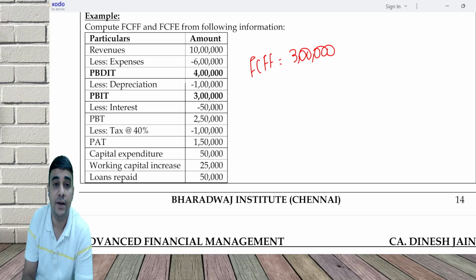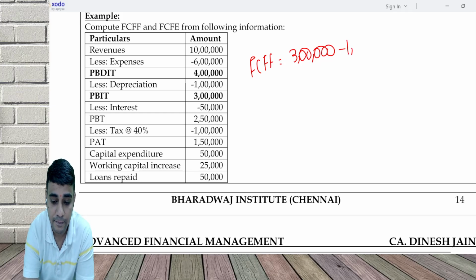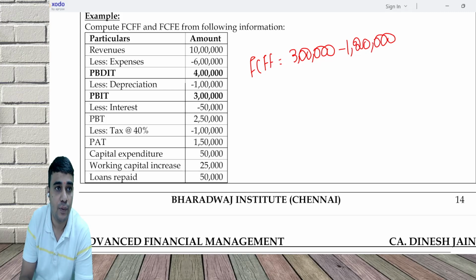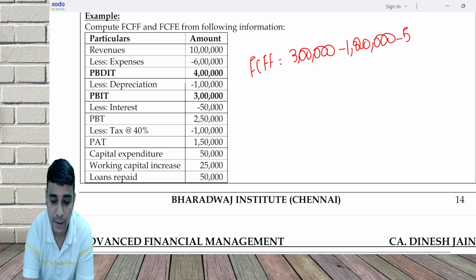So if you ignore interest, tax at 40% is 1 lakh 20. Deduct capital expenditure in a normal manner, deduct working capital increase.